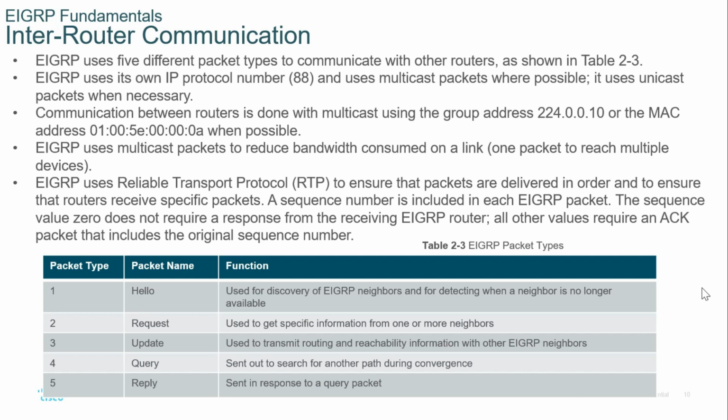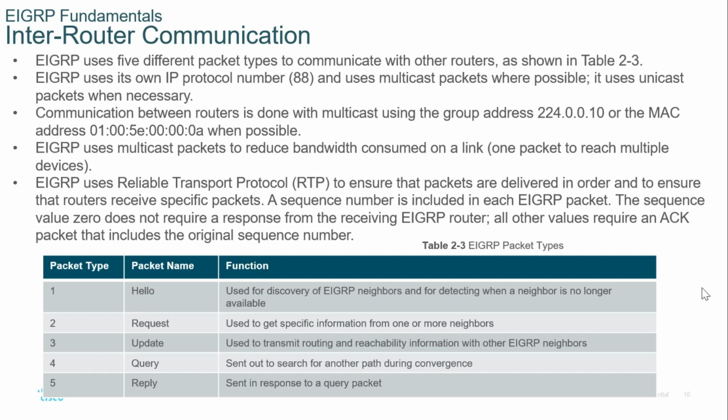Okay, so cara dia communicate adalah menggunakan a multicast group with the address 224.0.0.10. Okay, so I expect you to understand or remember this multicast address because it's different for each routing protocol.